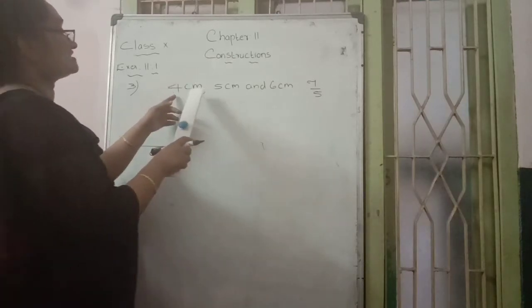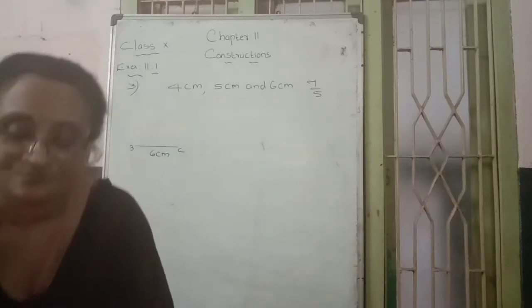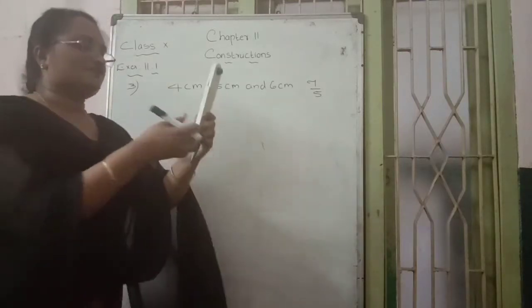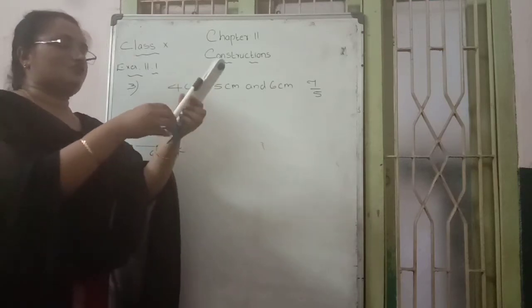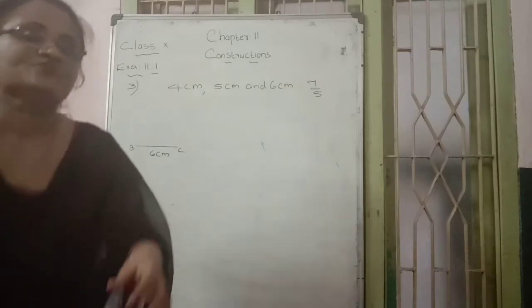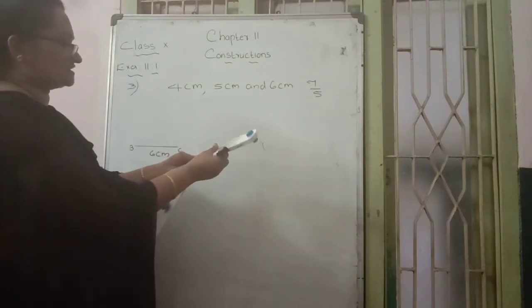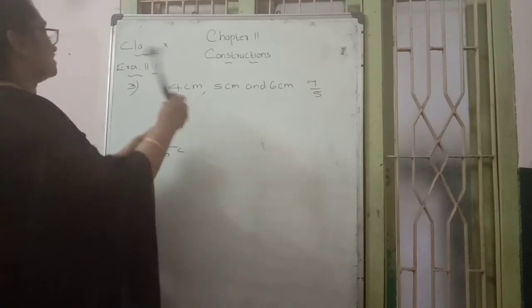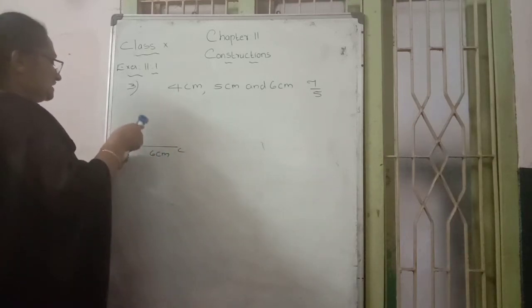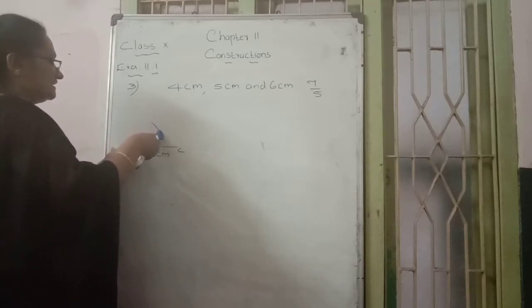Next we take 4 centimeter. How to take 4 centimeter? Using the compass, take the 4 centimeter measurement, from 0 to 4, then with B as center, draw an arc like this.